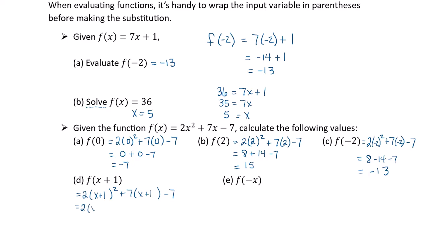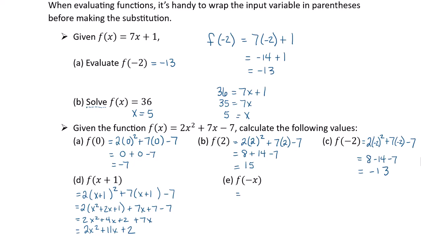I'm going to go ahead and square this binomial. Go ahead and distribute here. I have 2x squared plus 4x plus 2 plus 7x. I might as well cancel those out. So 2x squared plus 11x plus 2.